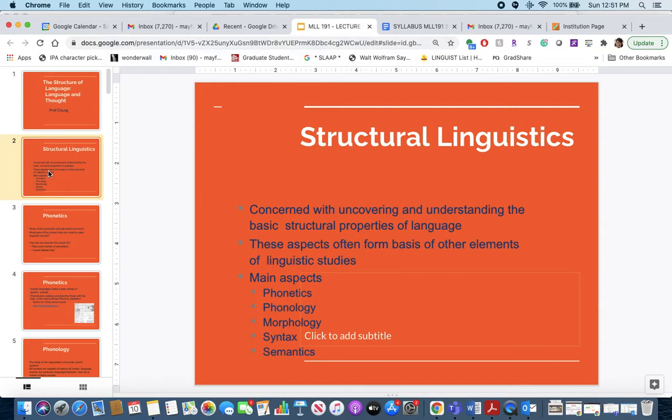It comprises speech sounds. It comprises little units of meaning. It comprises how you form certain sentences. How do you string words along to create meaning? And then, how does meaning change depending on the context?